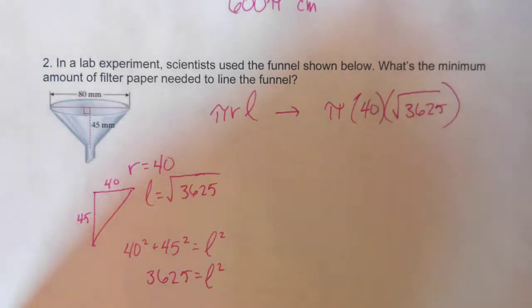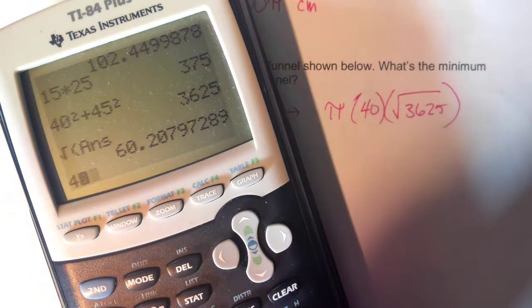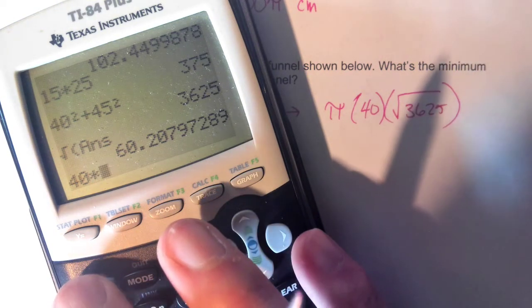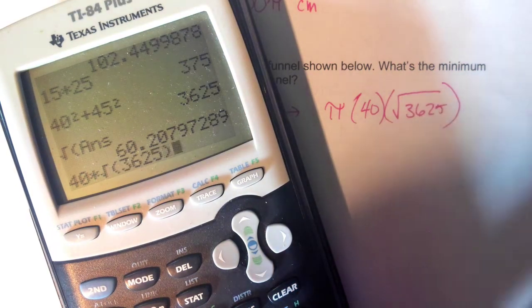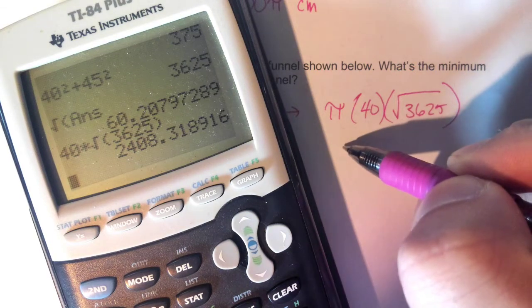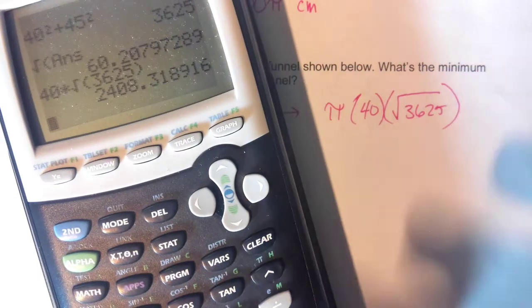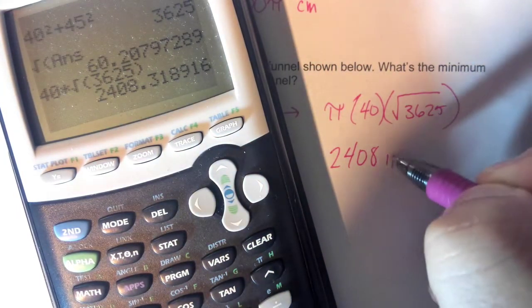Okay. It doesn't tell us, so we'll do terms of pi and we'll do rounded to the nearest 2 decimal places. Okay, so let's see, 40 times the square root of 3625. Okay, that's pretty gnarly. It didn't even give us a rounding. We'll just go to the nearest whole number. 2,408 pi.